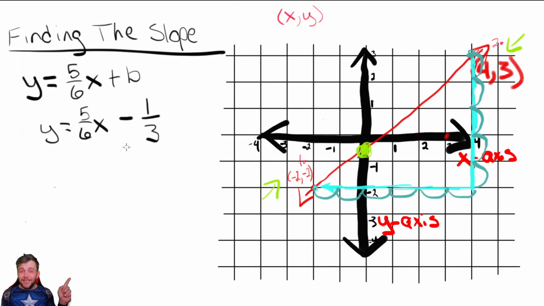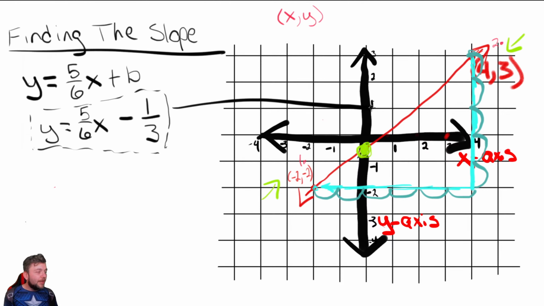Okay, and this would be the equation. This right here is our equation that describes this red line. So this line gives us all of the answers to this equation.